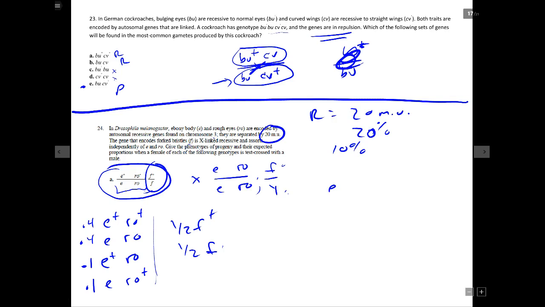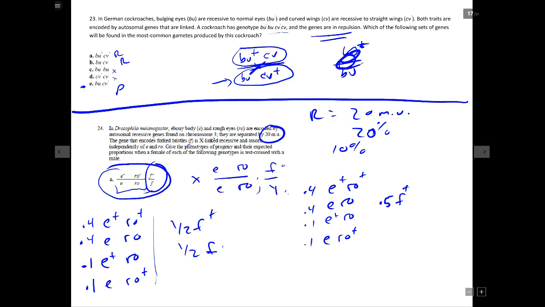So we can have E plus, RO plus, ERO, E plus, RO, ERO plus, and these are 0.4, 0.4, 0.1, 0.1, and then of these, 0.5 of these are going to be forked plus.